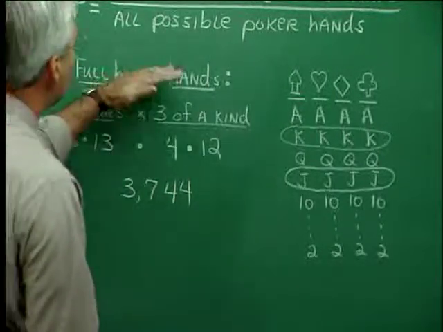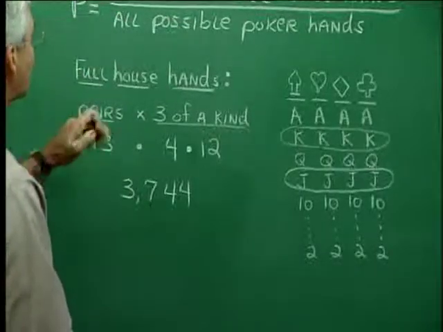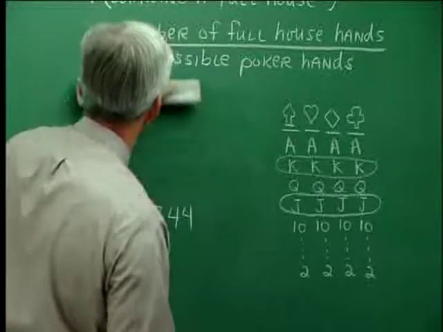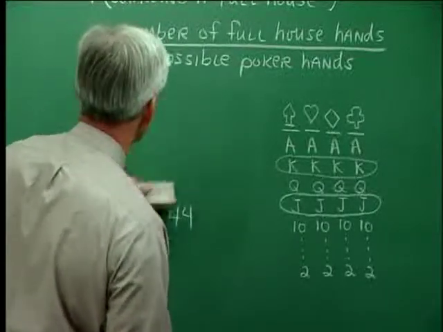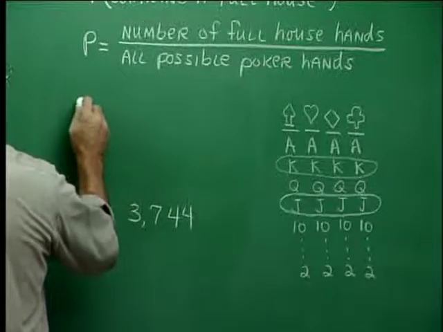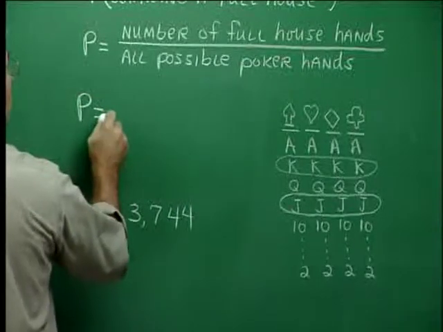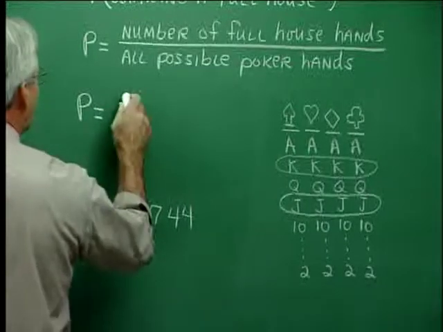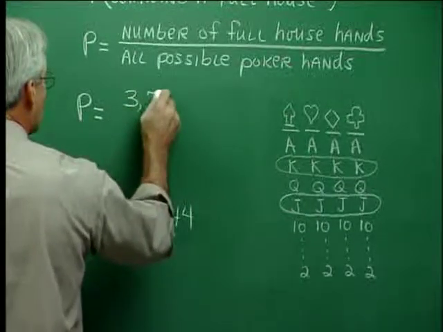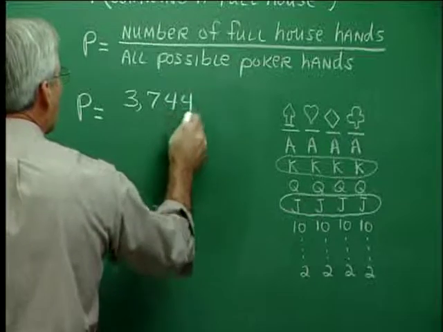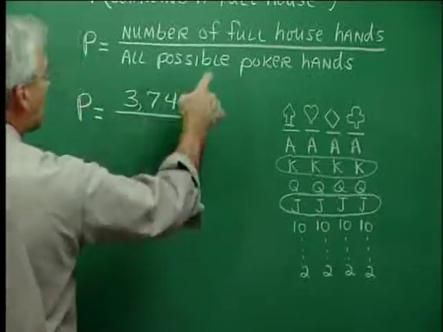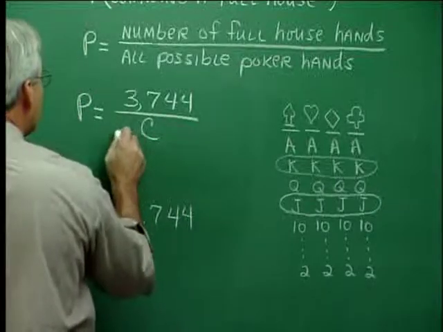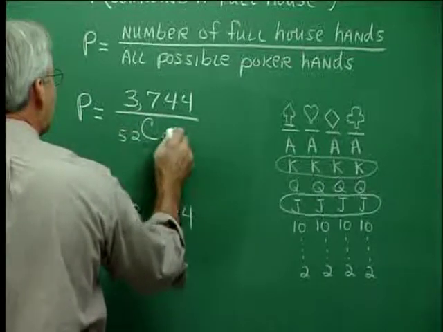Okay, so that's going to go in the numerator of this fraction. In the denominator we have, well, let me write it down like this. So the probability of drawing a full house is the number of full house hands, that's 3,744, over all possible poker hands. Well, that would be the combination of 52 items taken 5 at a time.